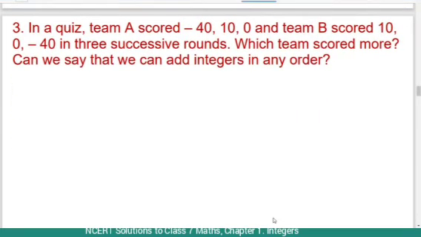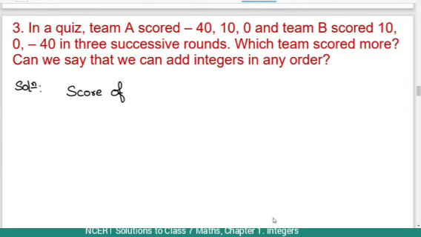Third question. In a quiz, Team A scored -40, 10, 0. Team B scored 10, 0 and -40 in 3 successive rounds. Which team scored more? Can we say that we can add integers in any order?